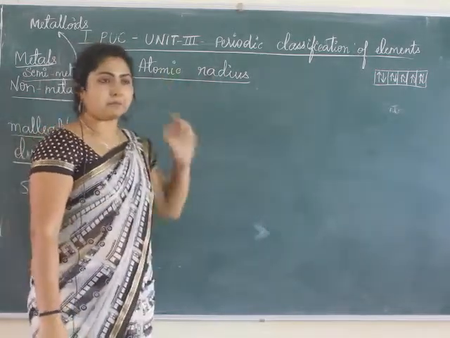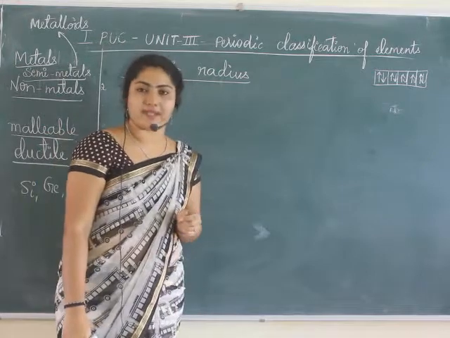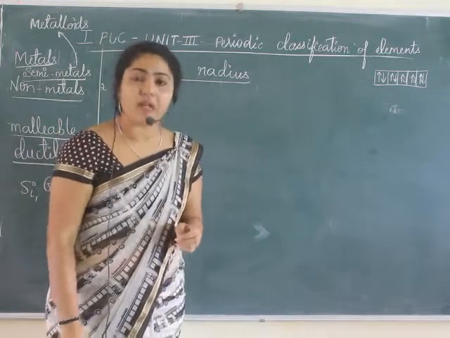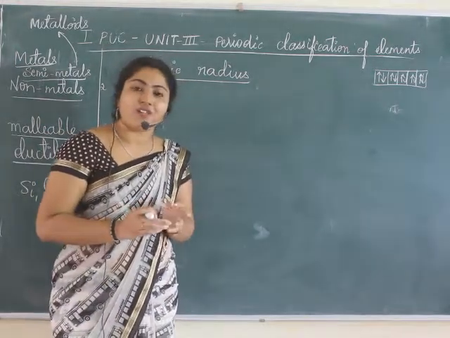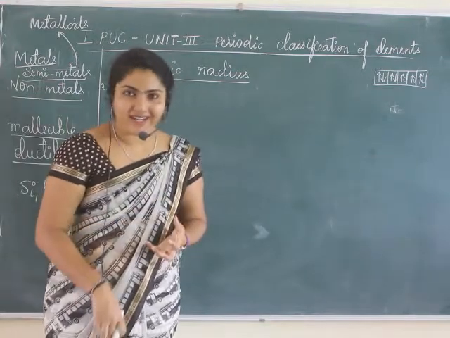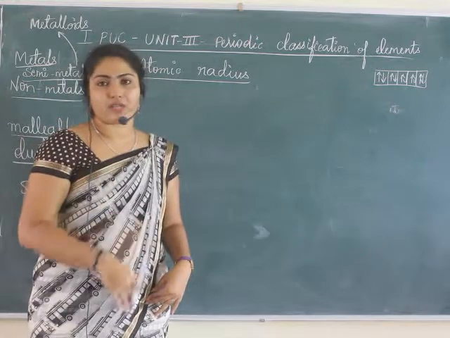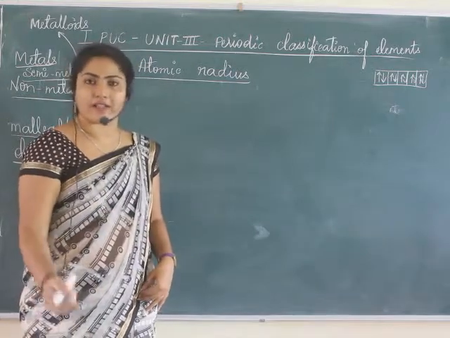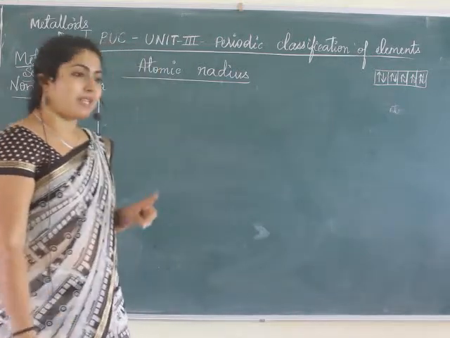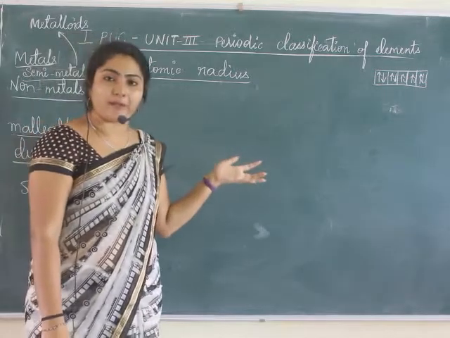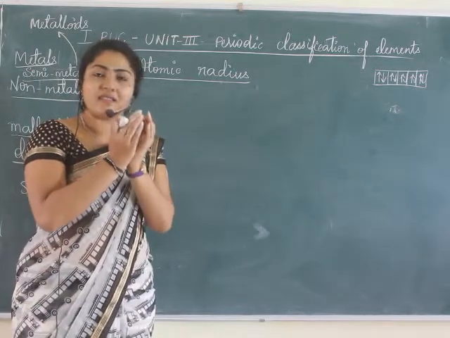Atomic radius. Before telling what atomic radius is, let me tell you, it is not easy to explain. Experimentally it's difficult to determine the radius of an atom, because if you remember, when we studied the model of atom, we said that the size of an atom is very small.